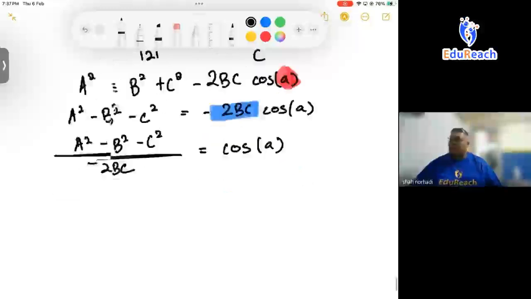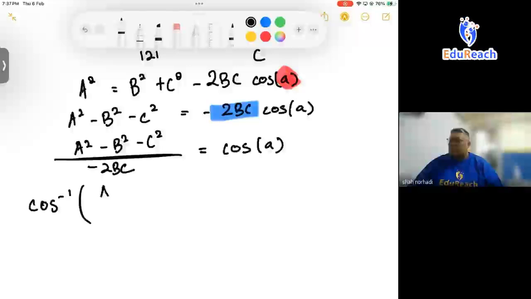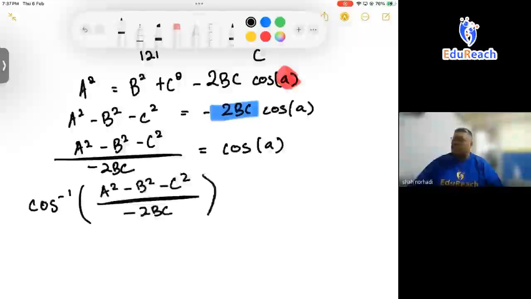So what's the last move? Bring the cosine over first. Do your inverse cosine. Okay, angle A. You will also do A square plus B square minus C square.